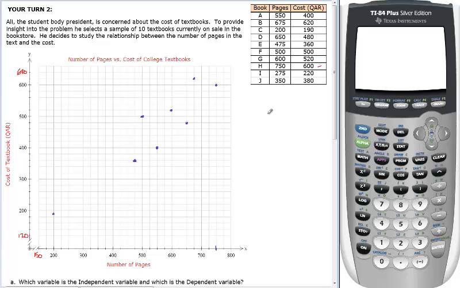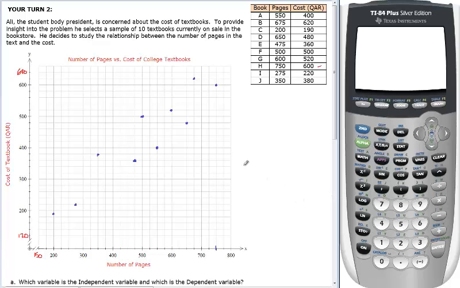Okay, 275, and that would go up to 275 is 220. Looks like the y-axis is going up by 20s and the x-axis by 25. And the last one, 350 and 380. 350 and 380 looks to be there. Now, I have those 10 dots.